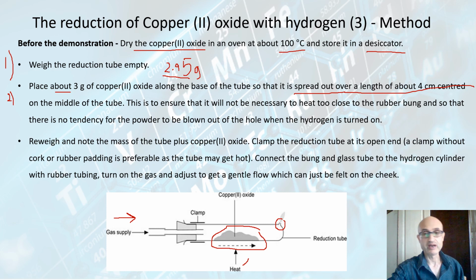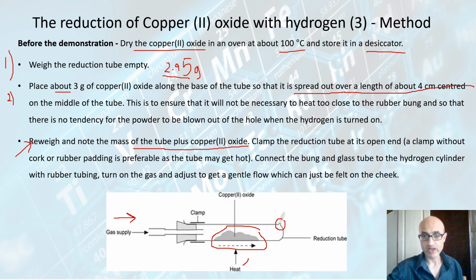You would then, after adding your 2.95 grams of copper 2 oxide, reweigh the hard glass tube, and it would this time contain the copper 2 oxide inside it.